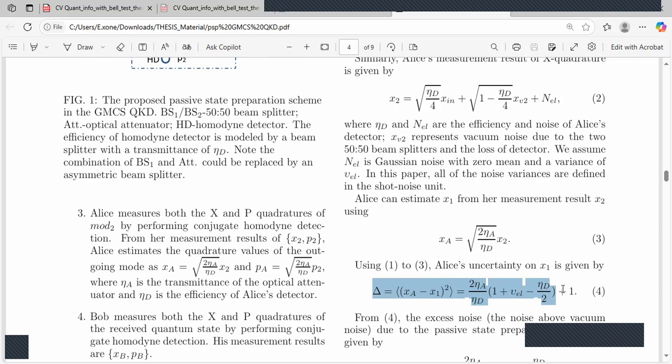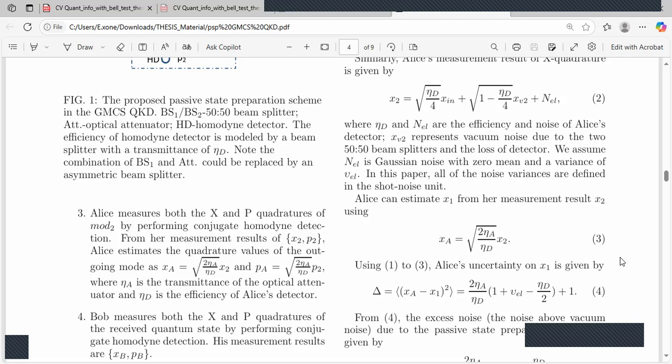So we know how much variance, or how much uncertainty, there is in Alice's measurement about Bob's quadrature. This uncertainty will be added as another trusted noise in the overall security analysis that the author has mentioned here.